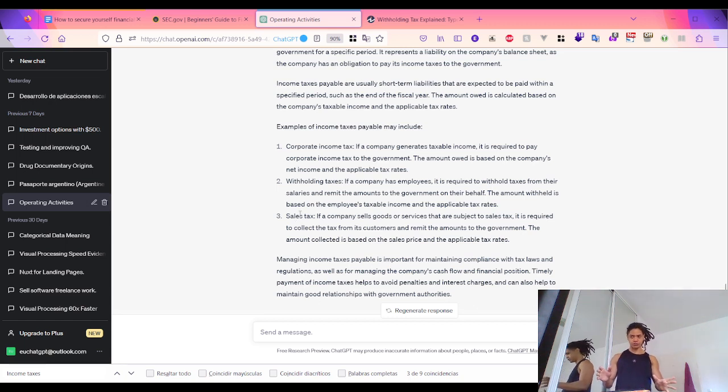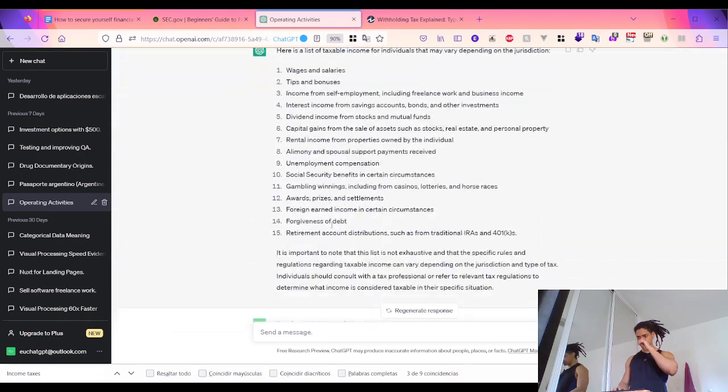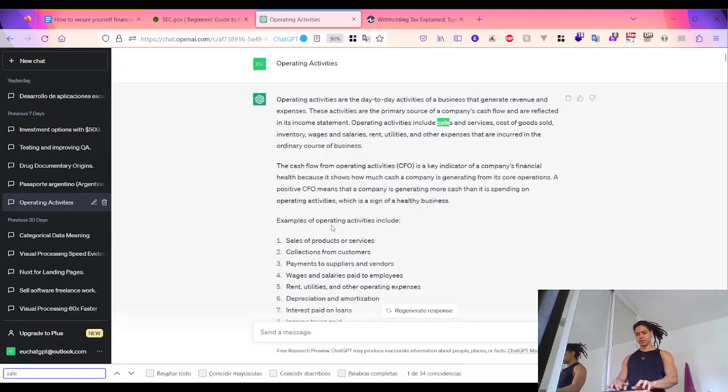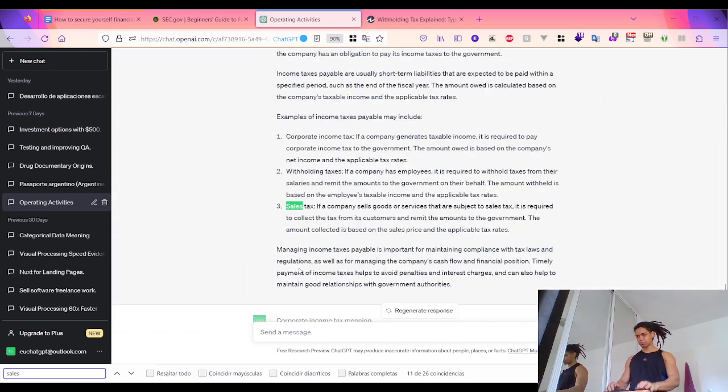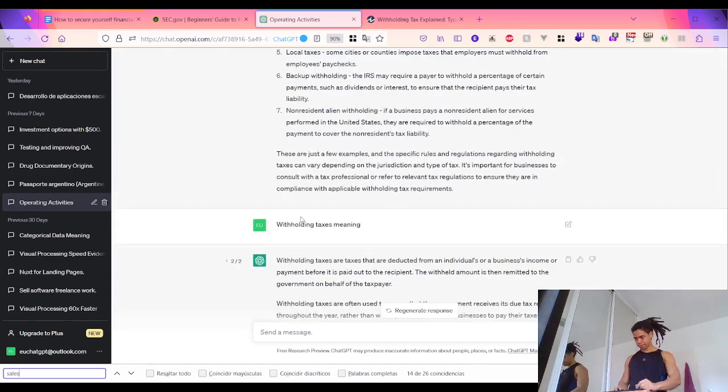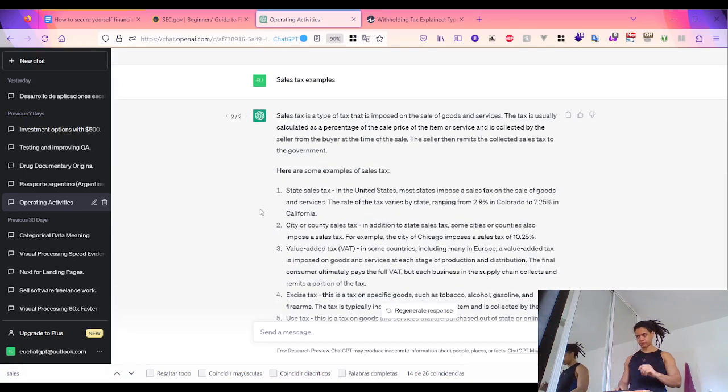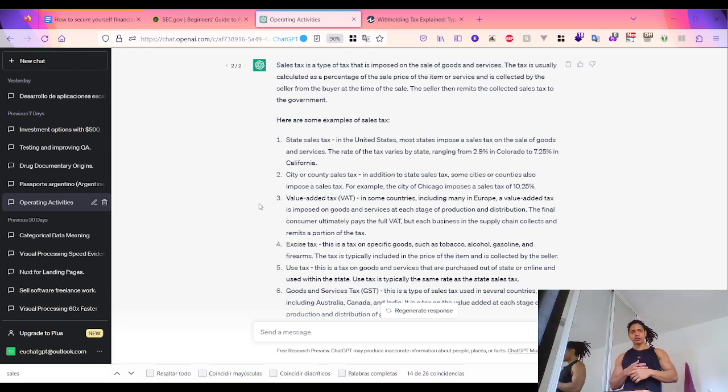And then you have sales taxes, which is money that you owe to the government for selling goods and services. Examples are state sales tax, city or county sales tax in the U.S., and value added tax.